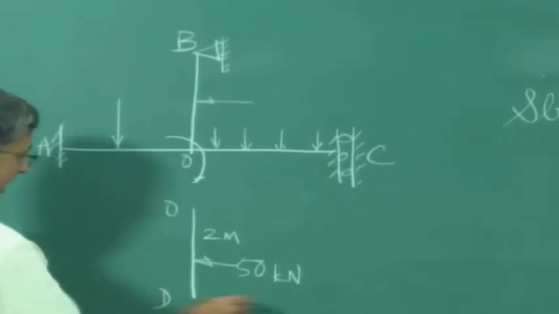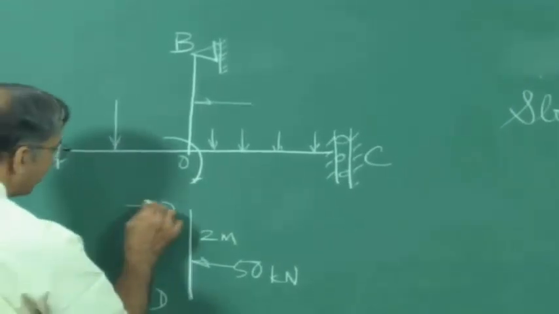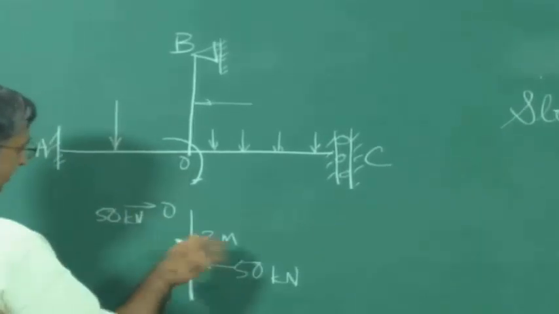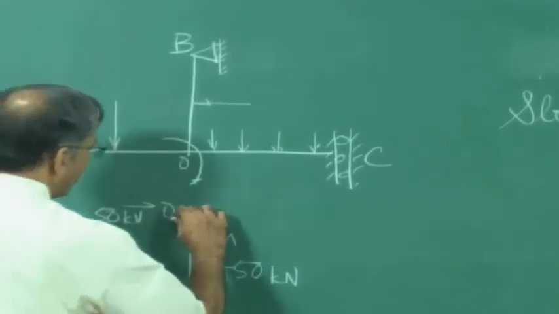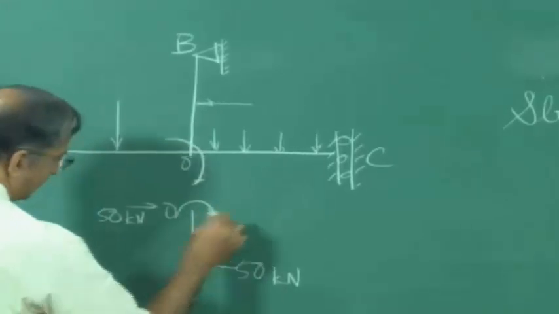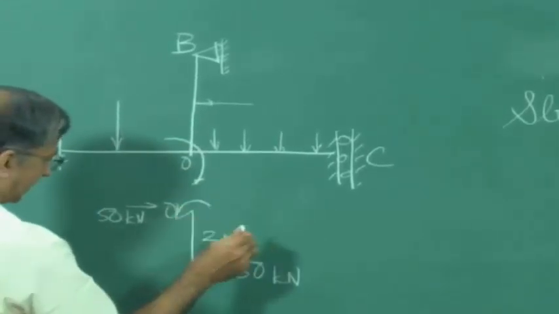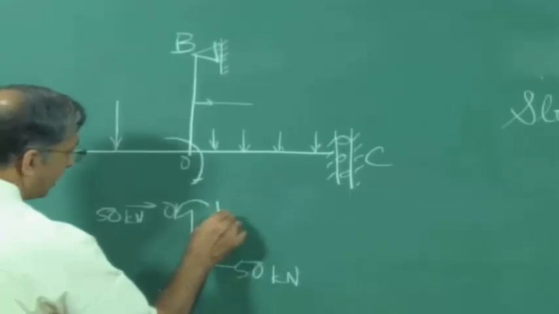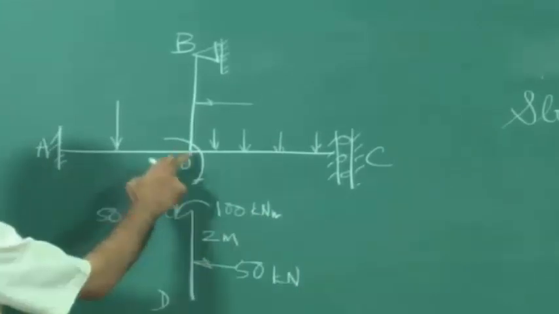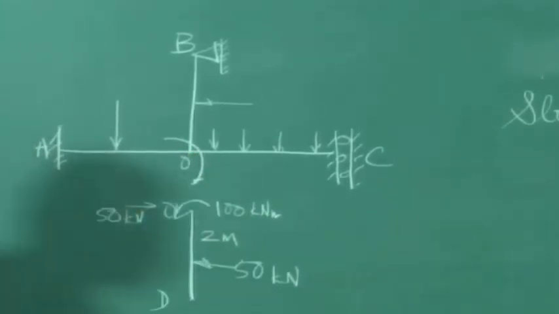There's no reaction possible here, so you get a shear force here, 50 kilonewton, and you have got a moment here: 50 into 2 is 100 kilonewton meter. Now this effect will get transmitted here, right?